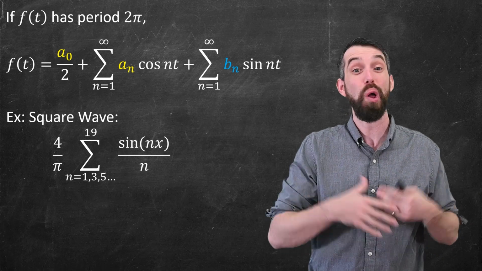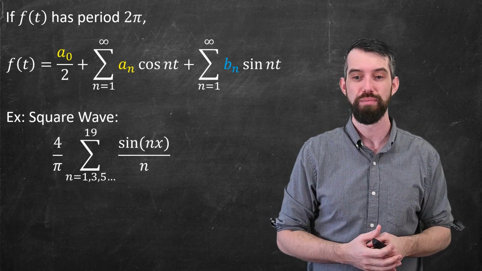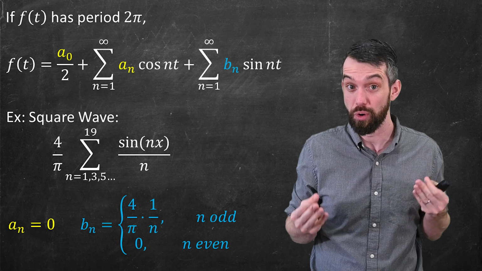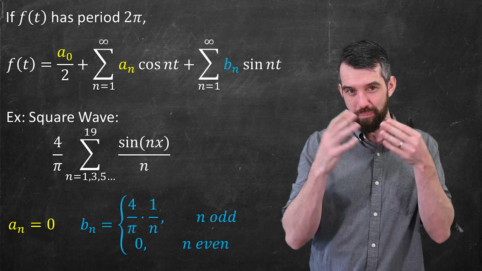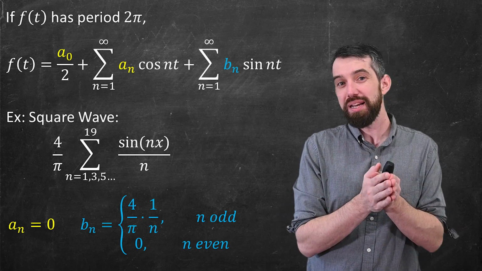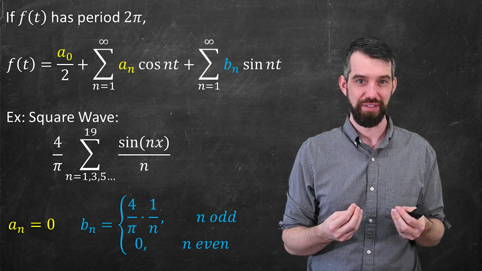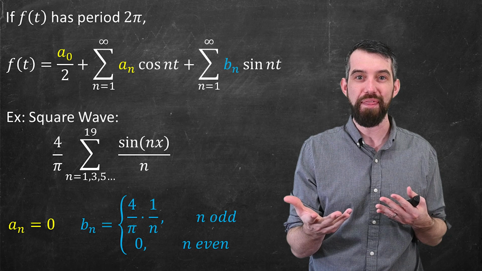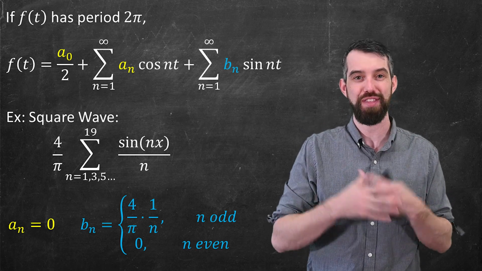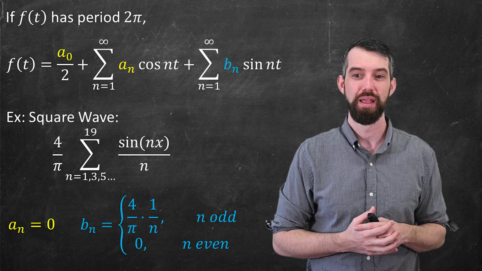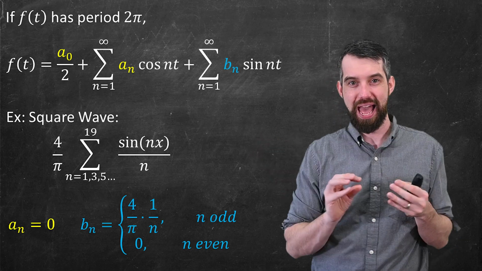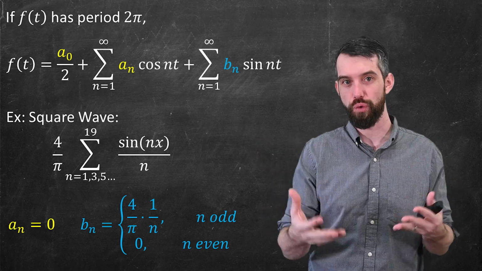So that's just saying all of the an's are going to be 0, likewise with a0 being 0. And then for the bn's, well, because my sum only had odd terms, basically it was saying that if the n value was odd, then you put the value of 1 over n. And if the n value was even, you just put 0. So this example that I have was just an example of a Fourier series.